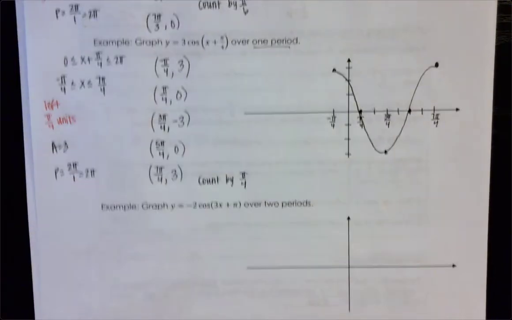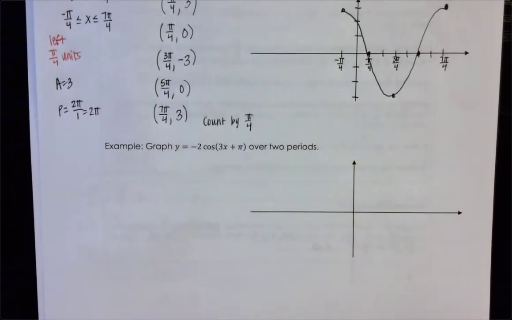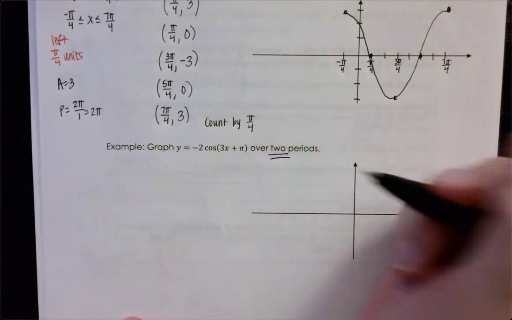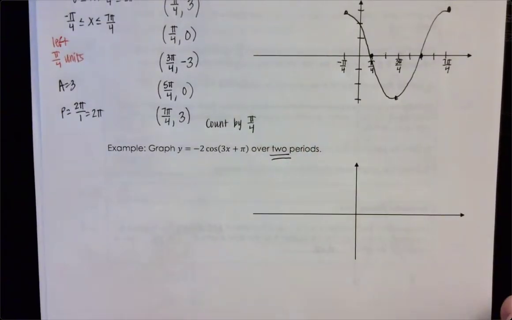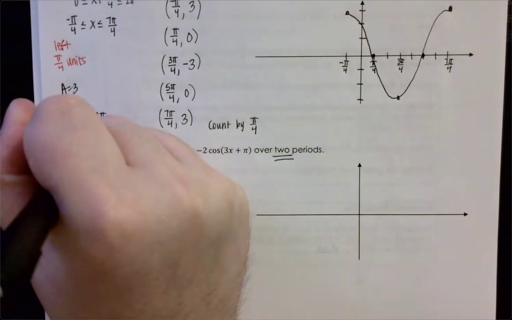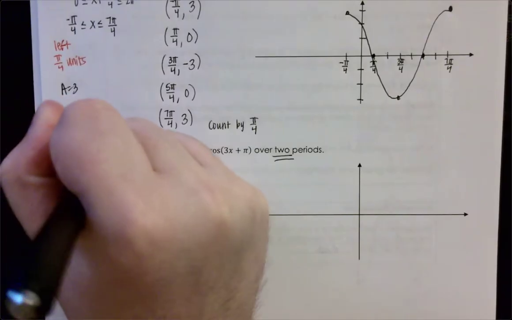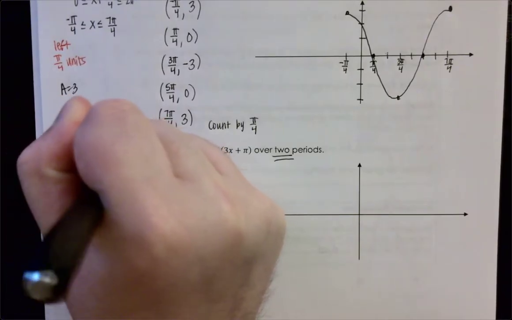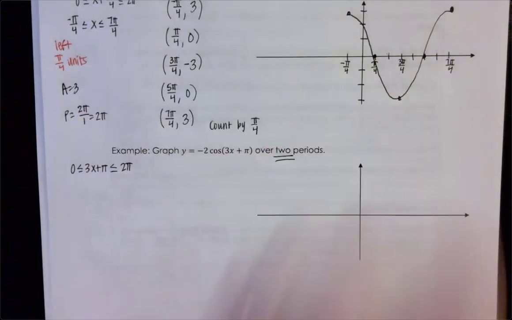Okay, next example. Graph y equals negative 2 cosine of 3x plus pi over 2 periods. So we do that whole argument between 0 and 2 pi.